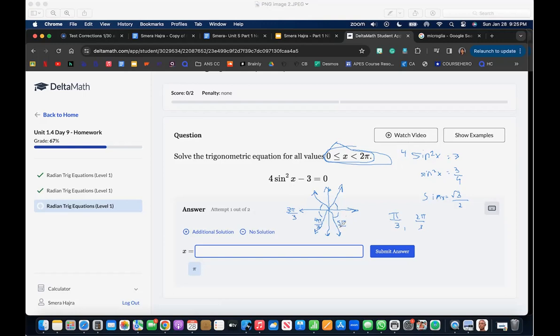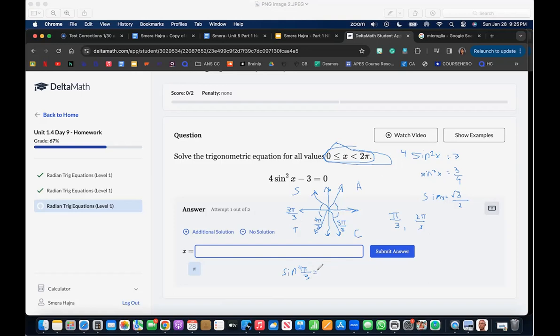If you take the sine of these angles, let's see what happens. If I were to take sine of 4 pi/3, I would expect it to be negative because of this: All Students Take Calculus, or whatever messed up acronym you want to derive from that.